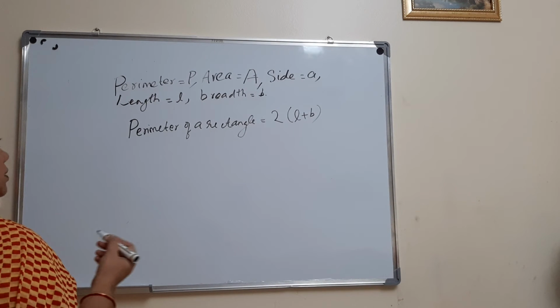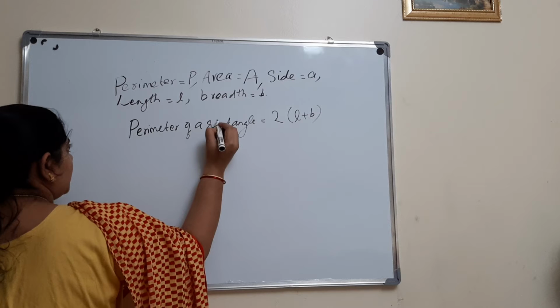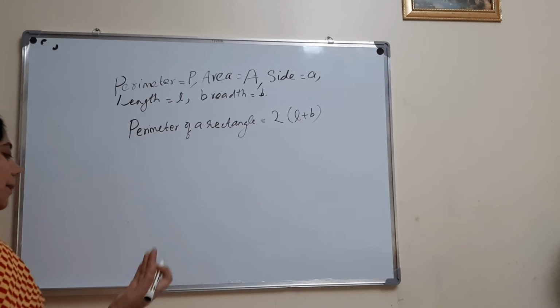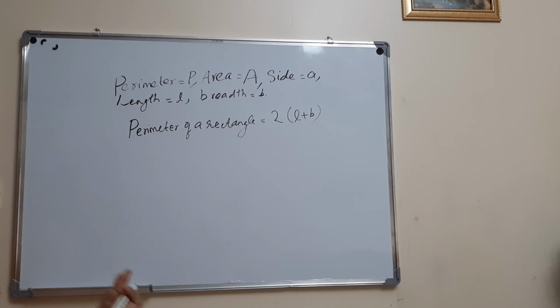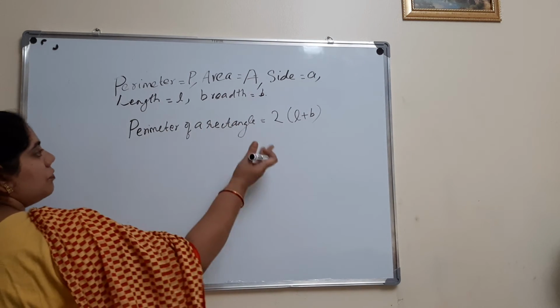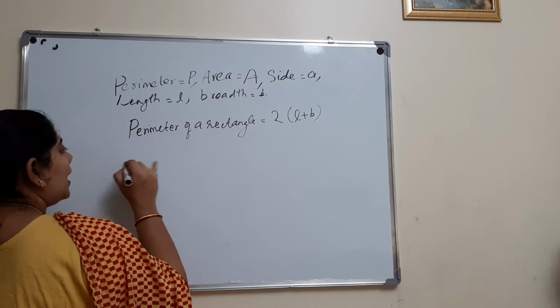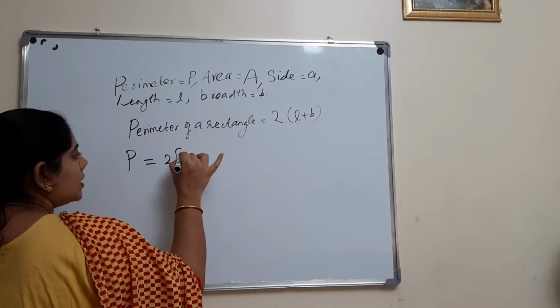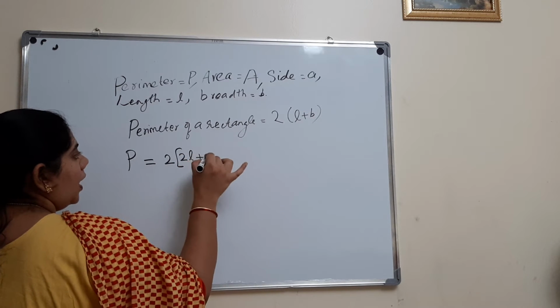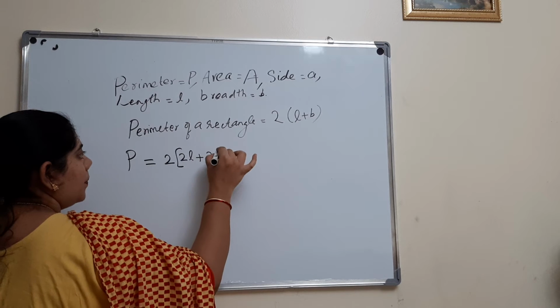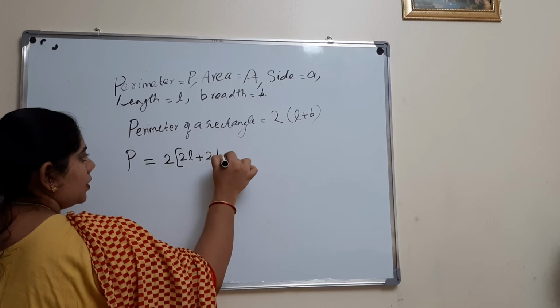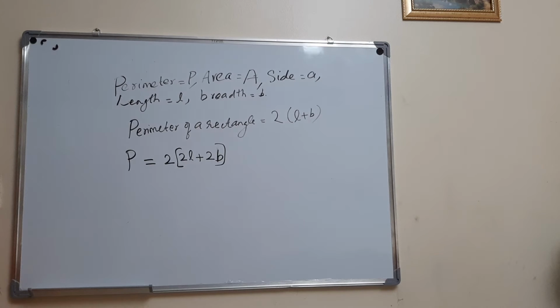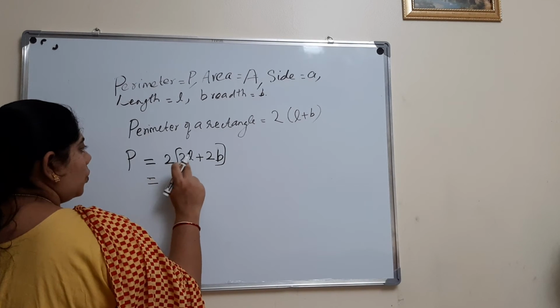So here, what will happen to the perimeter? That is, if the question is coming, according to the original one, what change happens? That is the meaning of the question. So perimeter of a rectangle is 2 into (L plus B). When the length is doubled and breadth is also doubled, P is equal to 2 into, length becomes 2L and breadth becomes 2B.